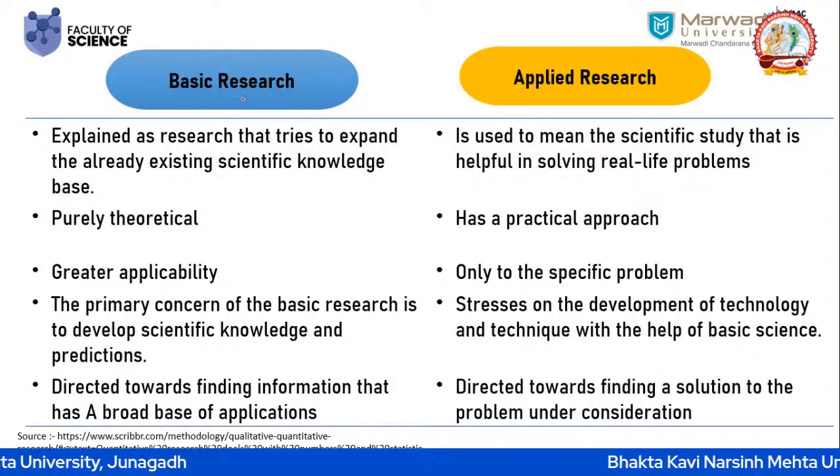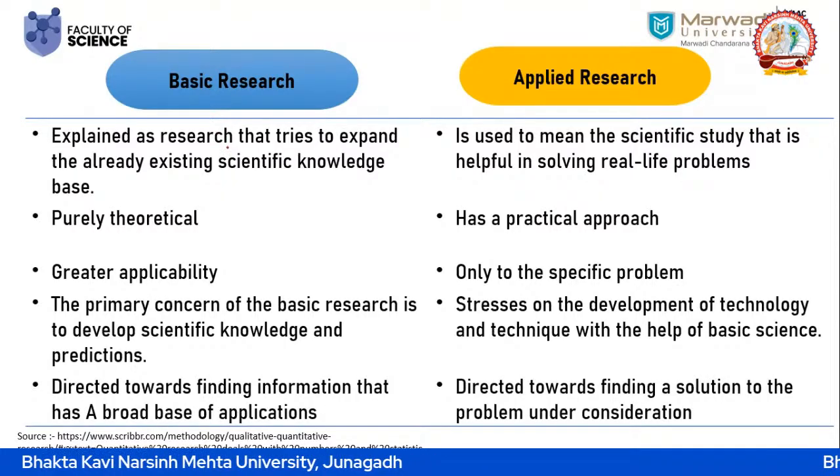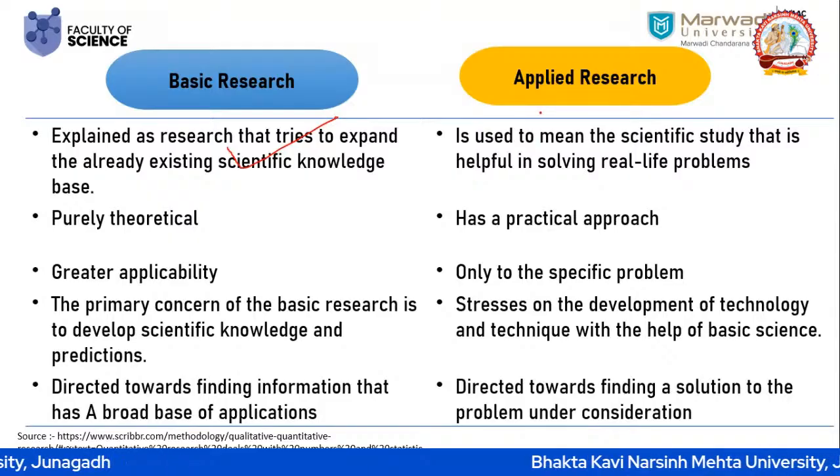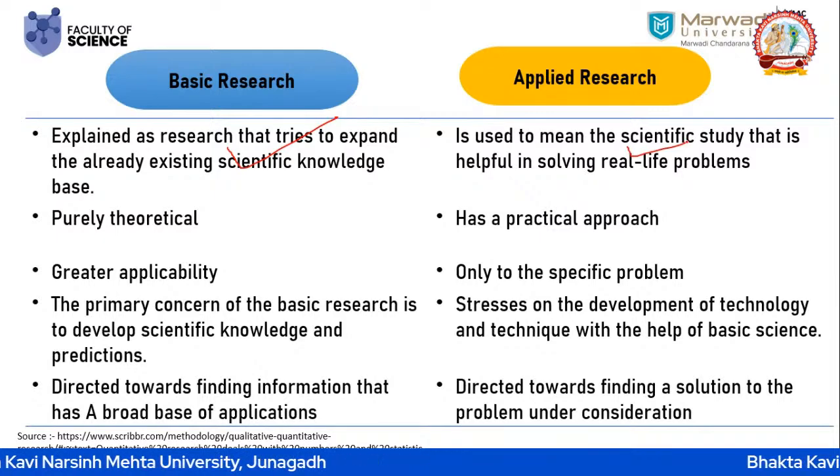So these are the differentiations between basic research and applied research. For example, basic research generally expands knowledge about the existing scientific knowledge, and applied research is a scientific study which is helpful for solving real life problems. Basic research is generally purely theoretical.